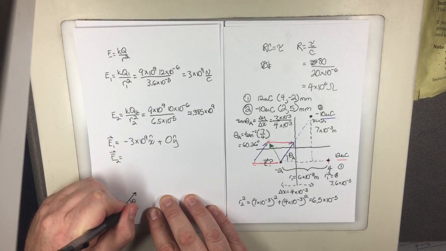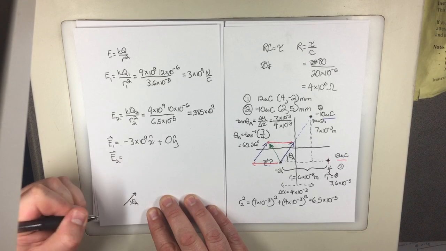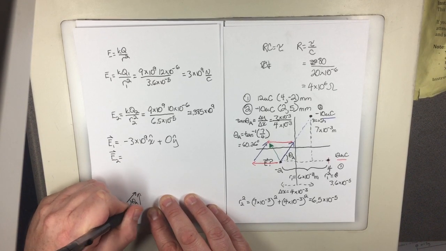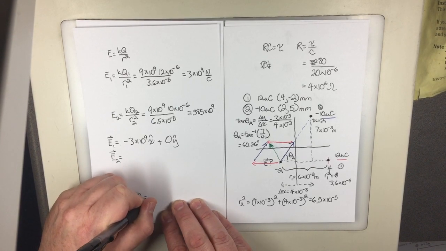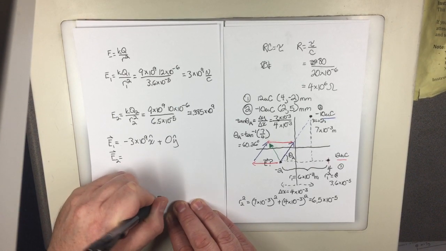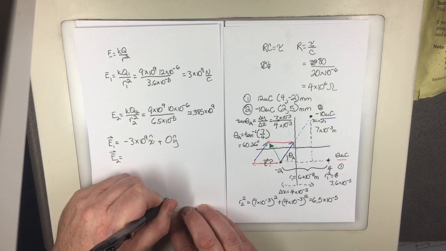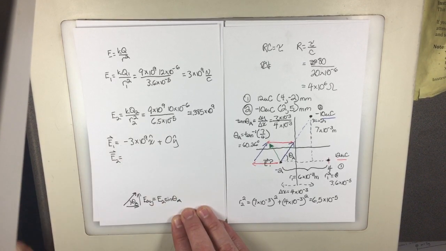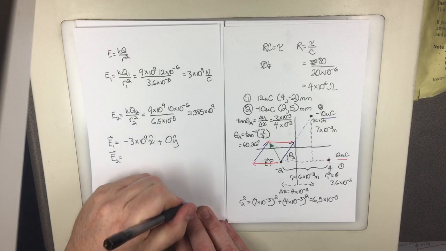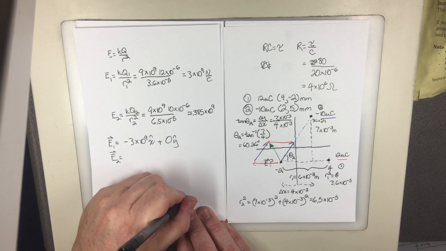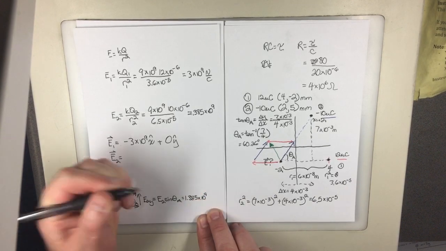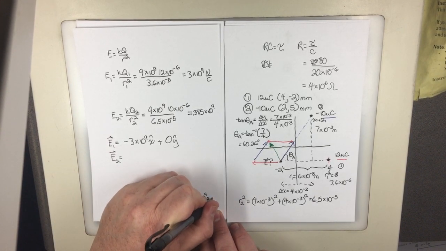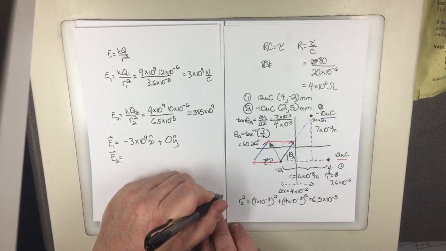I know that theta, 60.26, which means that E2y is E2 sine theta A, or 1.385 times 10 to the 9th sine 60.26.